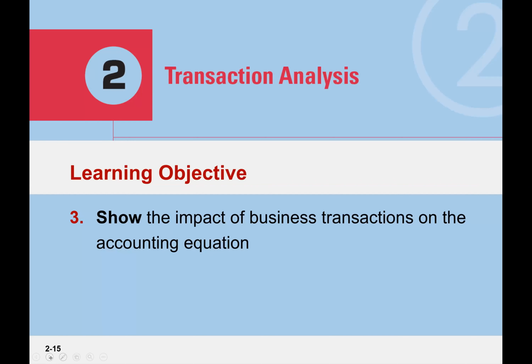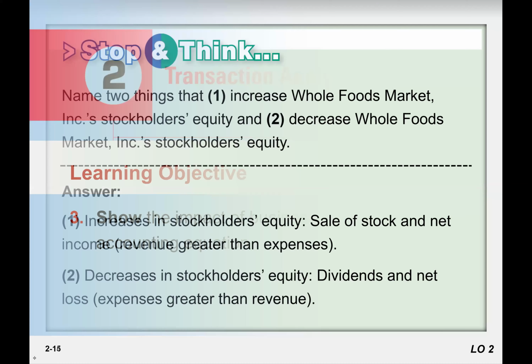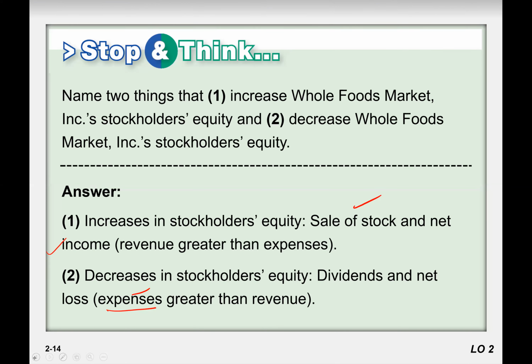How does buying back shares decrease common stock and therefore stockholders' equity? Okay, first of all, buying back shares. If I'm talking about buying back, it means we are talking about buying back your own company's shares, right? Or other companies' shares.